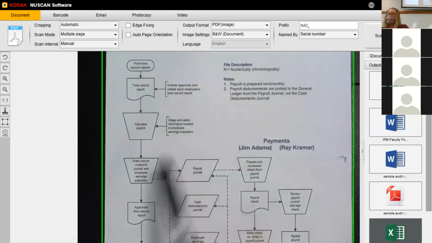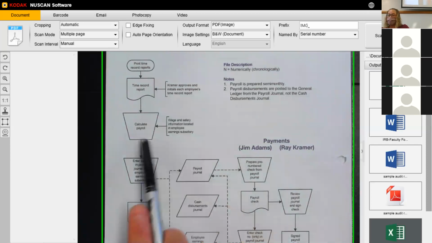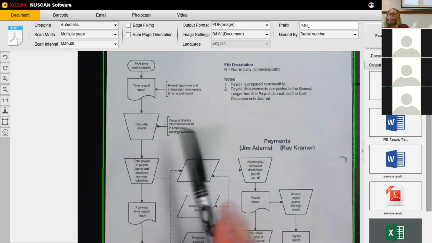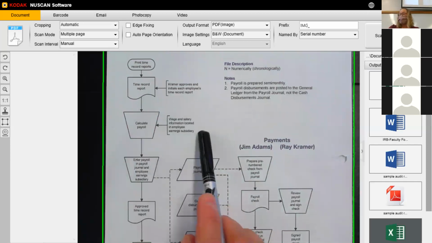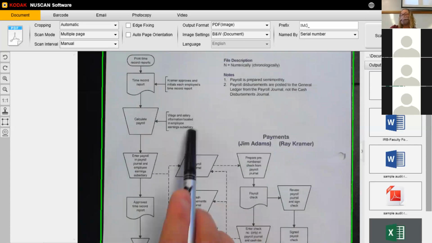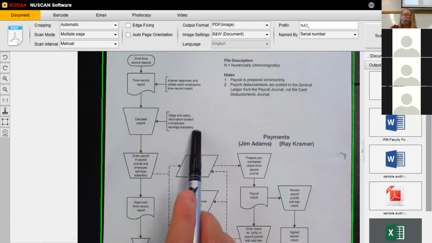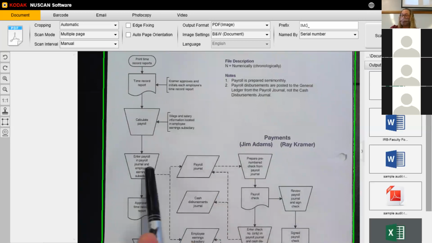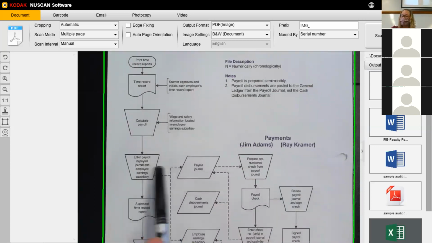From there, Jim would calculate the payroll using the wage and salary information that we updated in the employee's earnings subsidiary ledger. And from there, he would enter the payroll information in the payroll journal and the employee earnings subsidiary. The approved time record reports get filed.